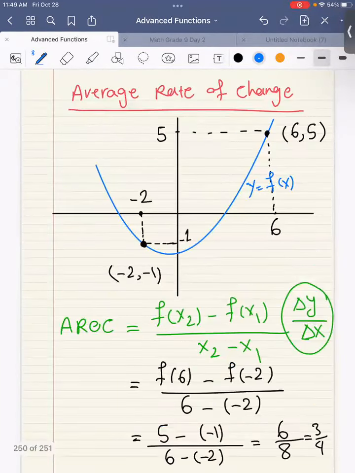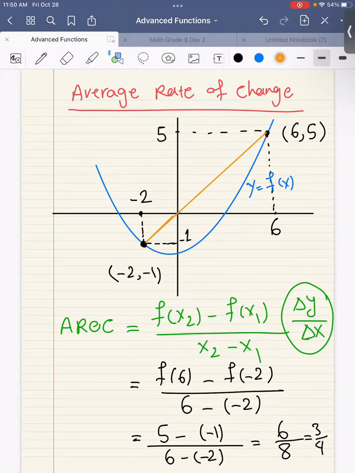And I also want to tell you another thing. The geometric meaning for the average rate of change is just the slope of the line that joins these 2 points. Here you have a line, we usually call this the secant line. So the average rate of change that we found in the first example is basically 3 over 4. 3 over 4 is the slope of this line.